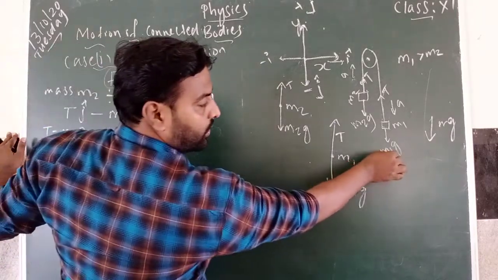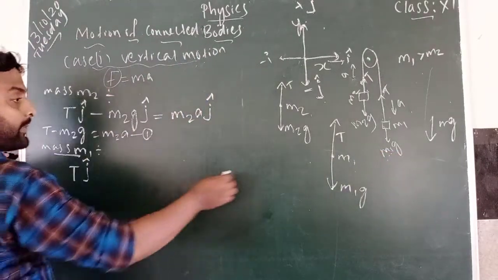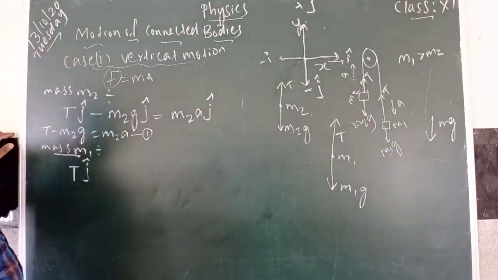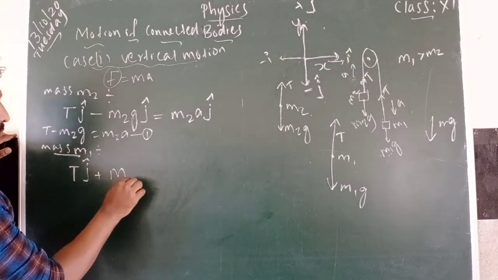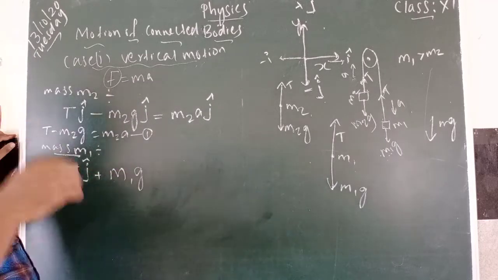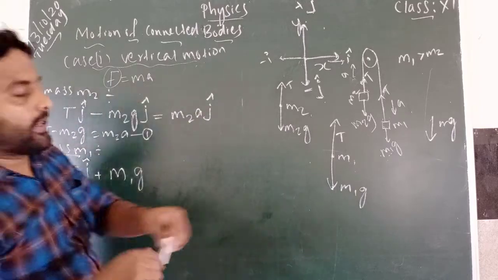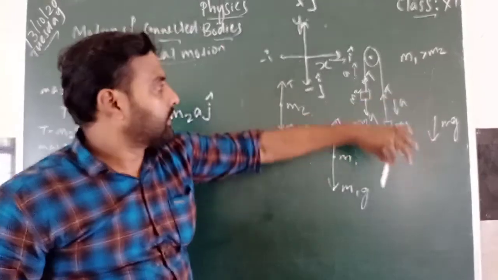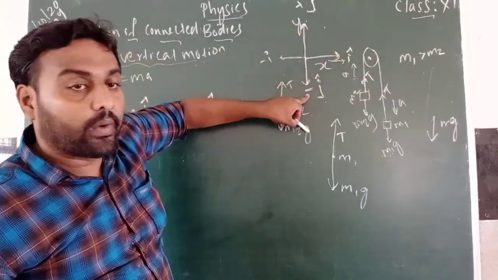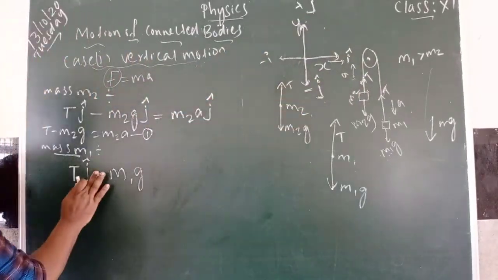Now downward, what force? m1g. In what direction? Downward, which means minus j.